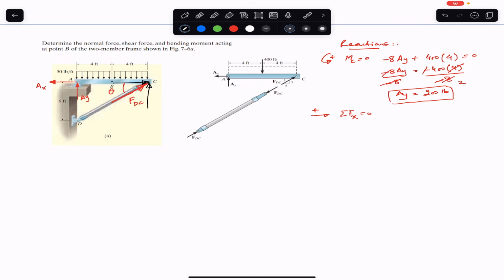So if this is the angle theta, then this component will be FDC cos of theta, and this one will be FDC sine of theta. Now the information of this theta is given in terms of these dimensions, as I have already told you. The length of AC is 8 feet, and the distance between A and D is 6 feet. So we can find cos of theta and sine of theta using these dimensions.